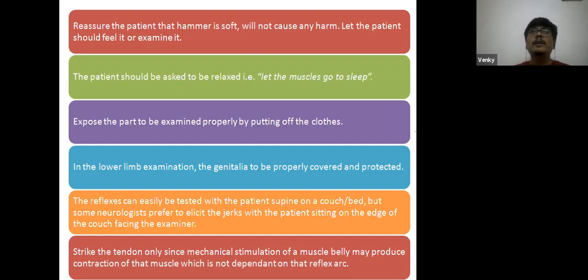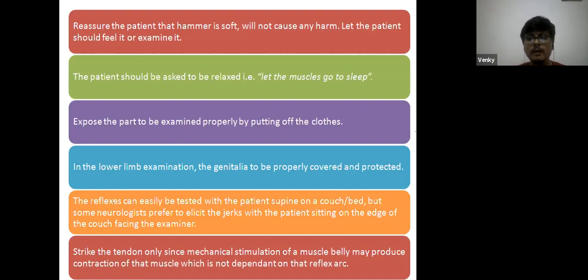And expose the muscle: if you want to see the biceps, expose the biceps; the triceps, expose the triceps; similarly the knee means the quadriceps. The lower external genitalia should be covered and protected. You can put the patient in a supine or sitting posture, whichever the patient is comfortable with.